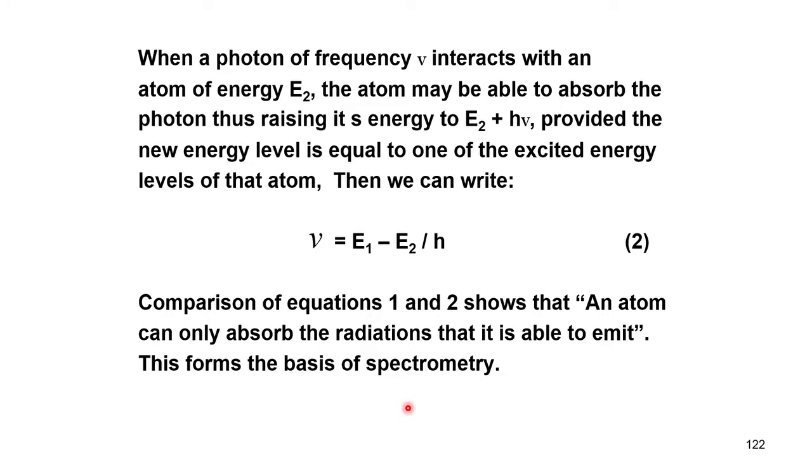If it is at a lower energy level, it has to absorb to go to the next higher energy level, and both the energies are the same for excitation and emission. So, comparison of both equations shows that an atom can only absorb the radiation that it is able to emit. That means, if it is able to absorb, it can also emit.